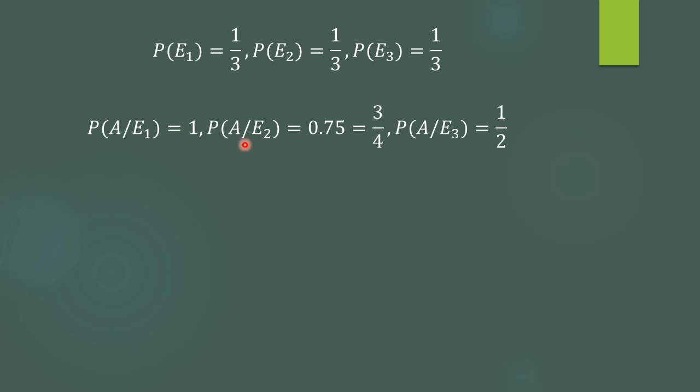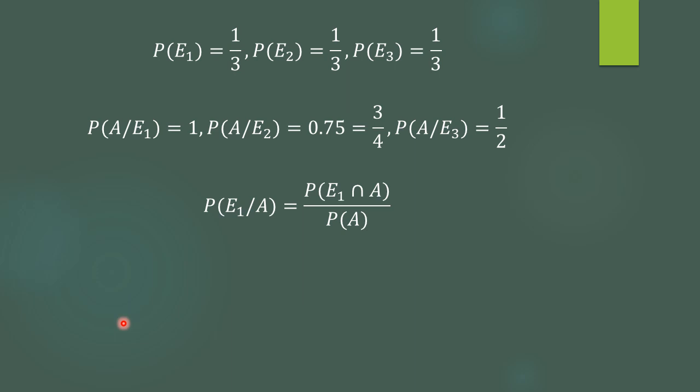In the biased coin, 75% head appears, so it is 0.75, or 3 by 4. While A given E3 means head appears when the unbiased coin is tossed. For the unbiased coin, head and tail have equal probability, so that is equal to half.